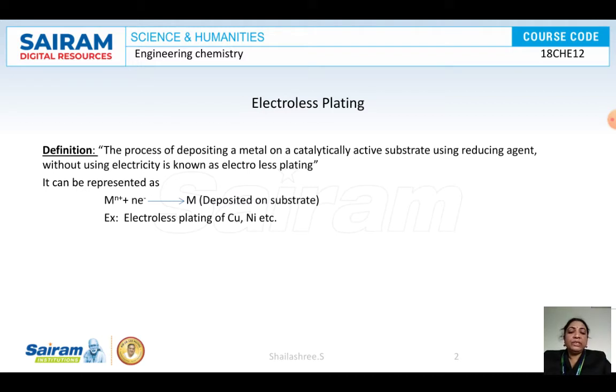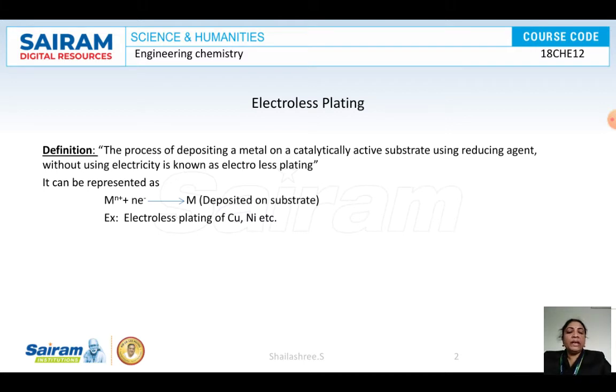When we use the reducing agents, M^n+ plus n electrons gives M. Metal ions are reduced to the elemental metal and that gets deposited on the article to be plated. Examples are electroless plating processes of copper, nickel, etc.